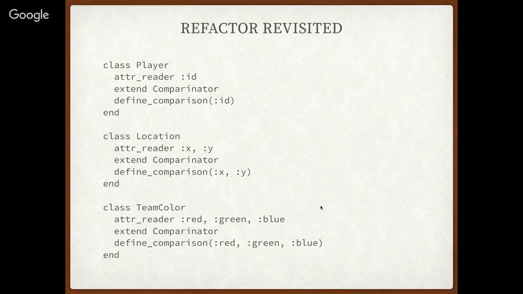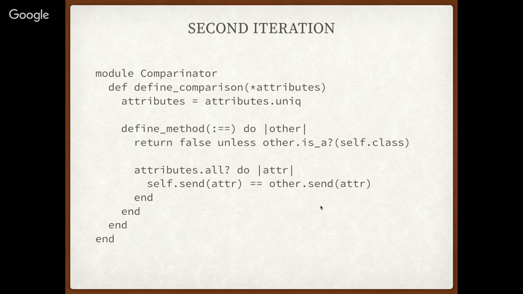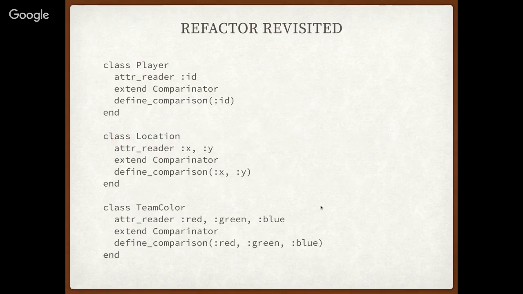Now I can say for my class player, it's got an attribute of ID. I extend comparinator, and when I extend, that makes this a class method, not an instance method, as opposed to include.